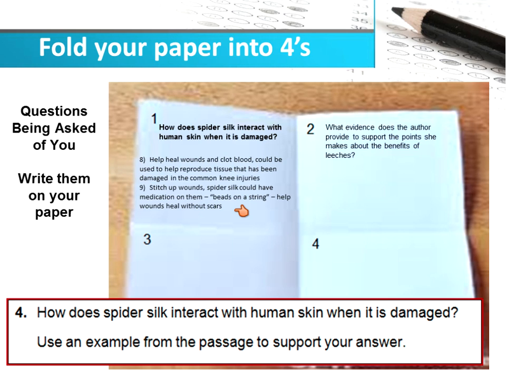Beads on a string, that could help jog my memory of that. Help wounds heal without scars. Now notice how important it is to have your student refer to the page or the paragraph numbers so that they can easily go back and have that supported from their notes later on. I think that's another good tool to help your student with.